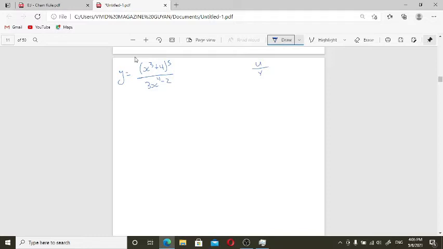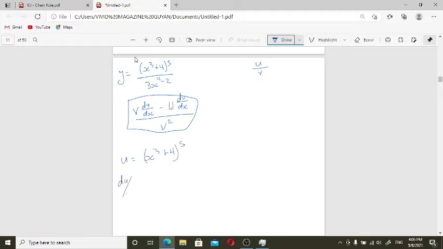To solve for a quotient, the formula is v du upon dx minus u dv upon dx, all divided by v squared. Write this down somewhere, because tomorrow I think we might get something, because the quotient rule is way more difficult than the product rule.